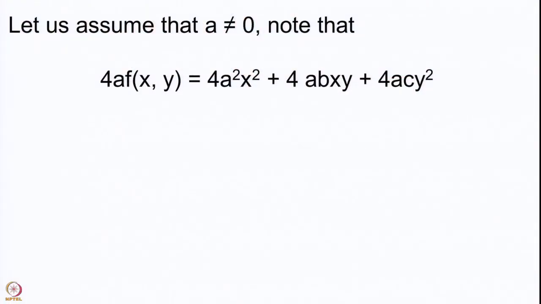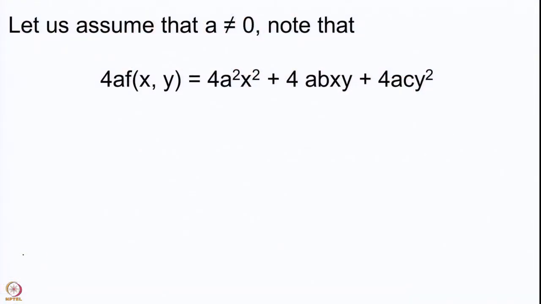We begin with an integral binary quadratic form, and assume for the moment that a is not 0. So, our form is ax square plus bxy plus cy square, and we are assuming that the coefficient of x square is a non-zero number. Once we assume that, consider the multiplication of your form by 4a.